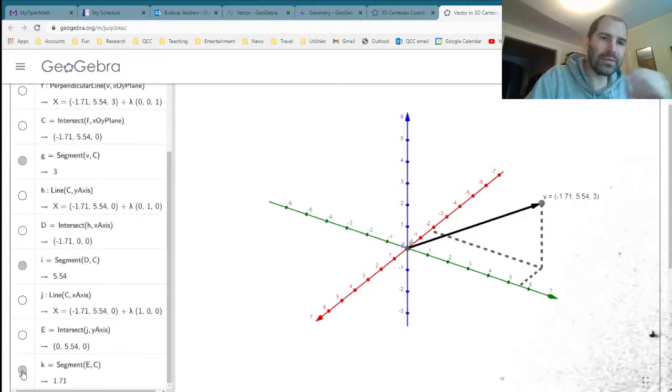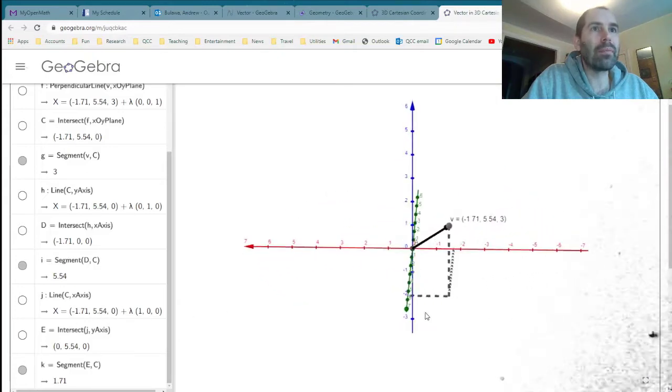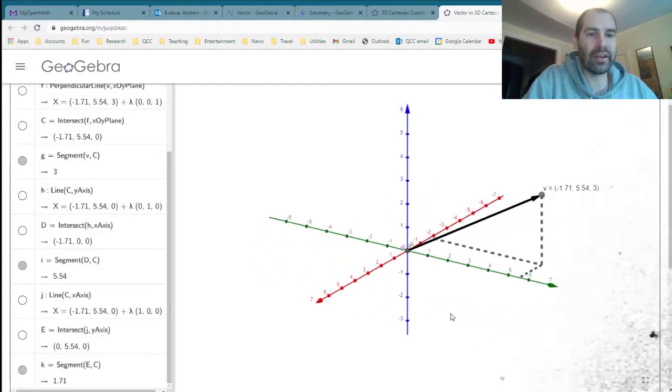And that helps us get a picture of where this vector is, because without those dashed lines as a frame of reference, it's really hard to see without being able to spin this thing around. Okay, and so that is a good way to describe where your vector is pointing, and a good way to plot your vector.